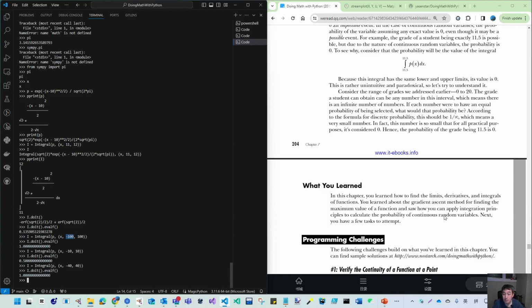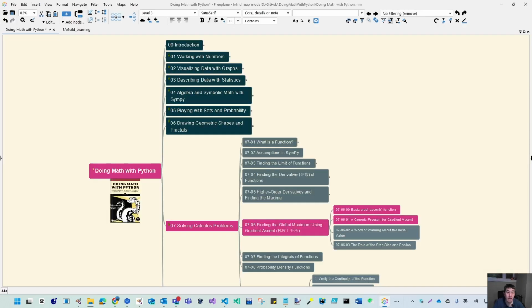And then we also applied the integration principle to calculate the probability of continuous random variables. So we have already practiced quite a lot of calculus.